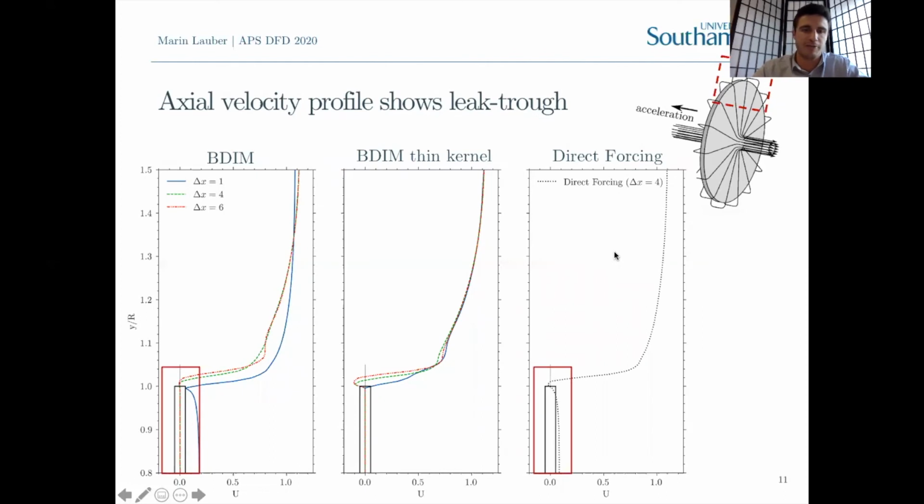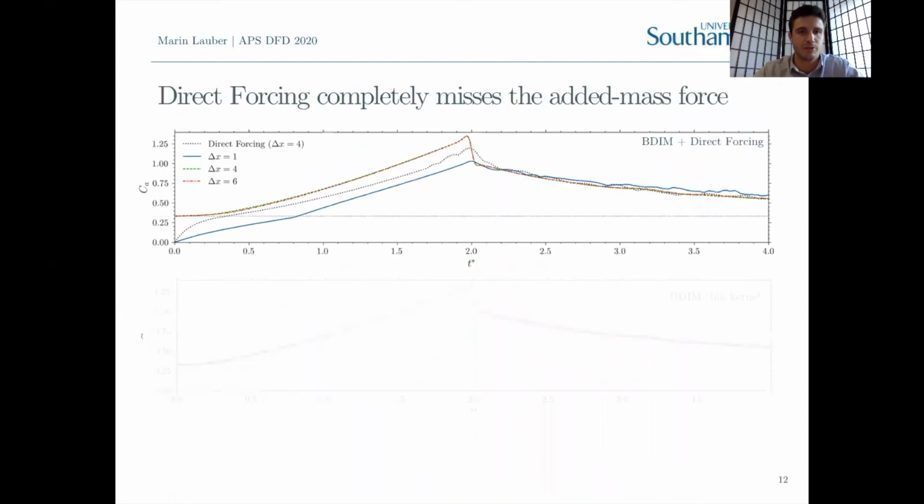So we have methods that fail to impose this no flow-through condition and methods that impose it pretty well. You might ask yourself, is this actually important for the forces we're calculating on this disk, especially the added mass force? And it turns out it is very important. The direct forcing method completely misses the added mass force, as does the case where you don't properly discretize your mass function.